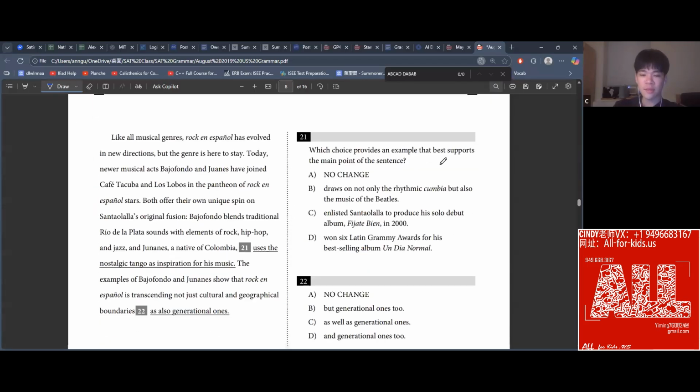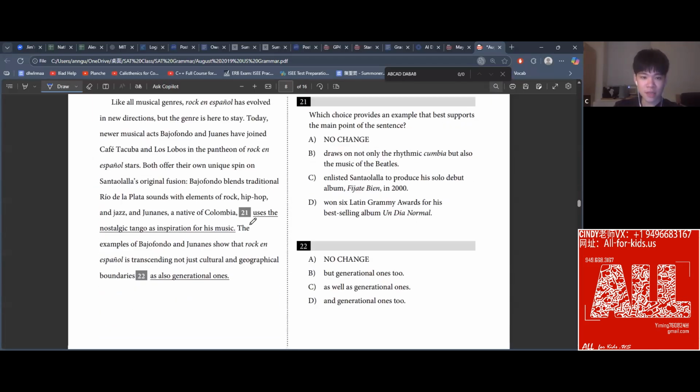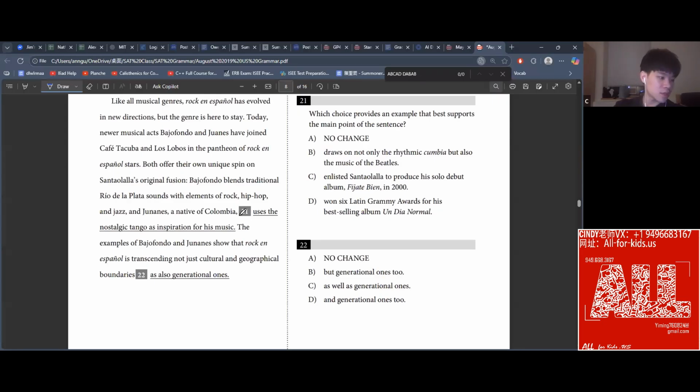Okay. Sets out the main point of the sentence. So the sentence, let's look. The sentence starts from up here. It says, both offer their unique spin on their original fusion, right? This first music blends traditional sounds with elements of rock and hip hop. And this other one uses something. So they do something, right? But we don't know what they do, but it has to be fusion related to continue the idea, the main point of the sentence.